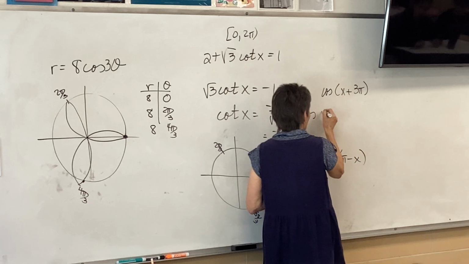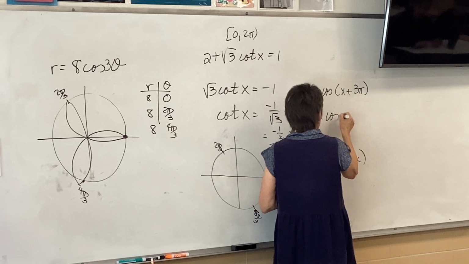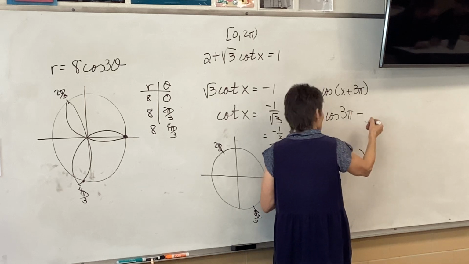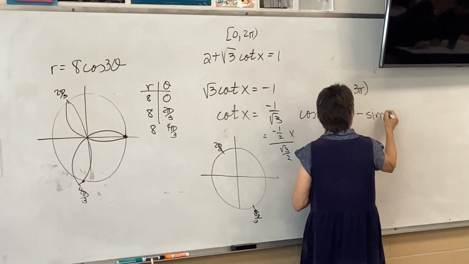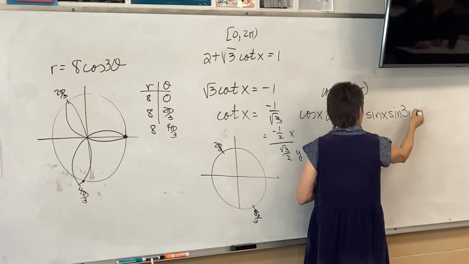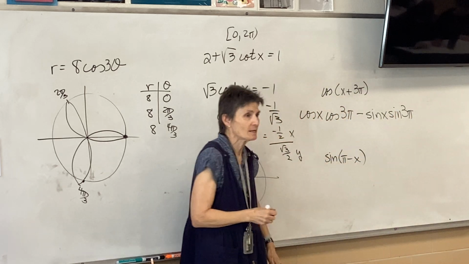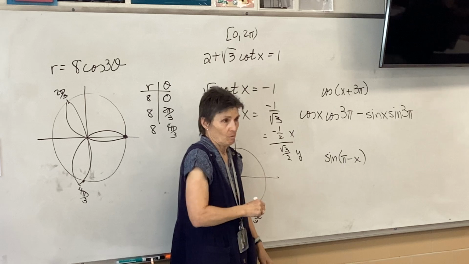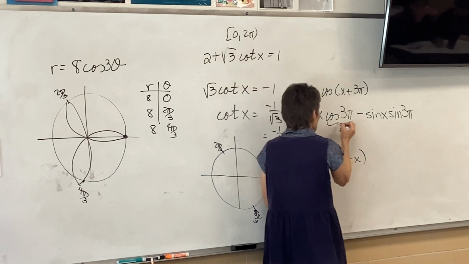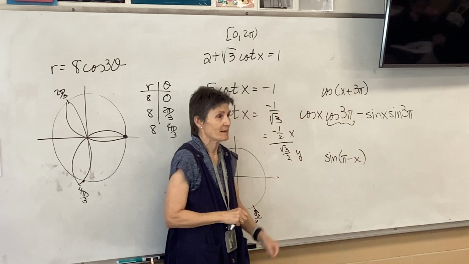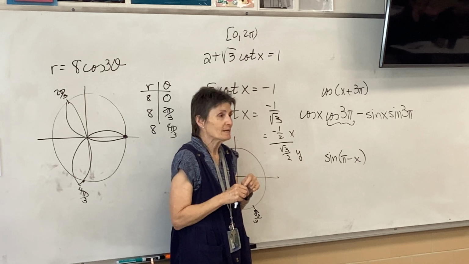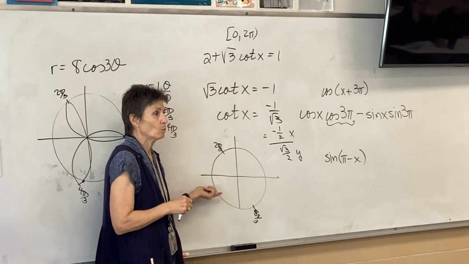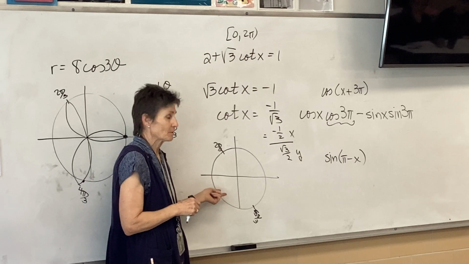Cosine x, cosine 3 pi, minus, yes, minus. Yep. Yay! That's absolutely awesome. Now, what is the cosine of 3 pi? You can figure out a number for that. Where is 3 pi? Here's my unit circle. Where is 3 pi?